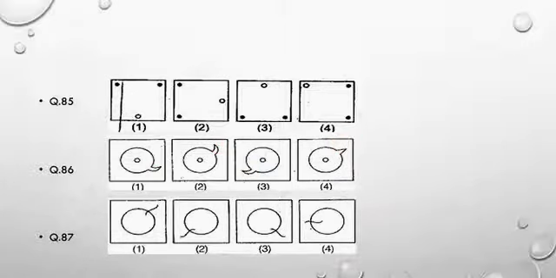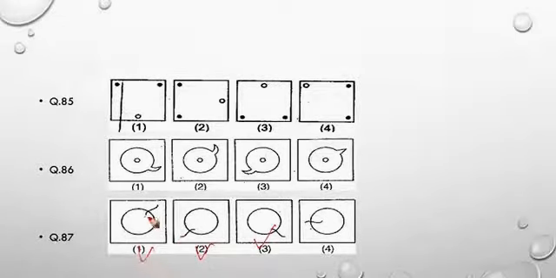Let's go to question number 87. There are 4 options given. In each of the options there is a circle and there is a small arc which is cutting through the circle in the same manner in case of option 1, 2 and 3.